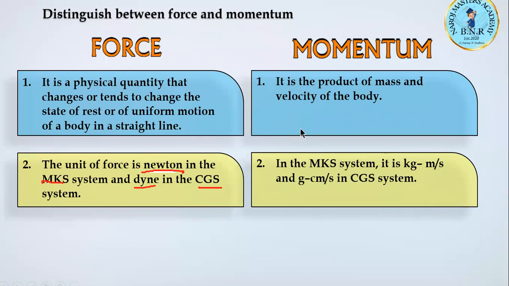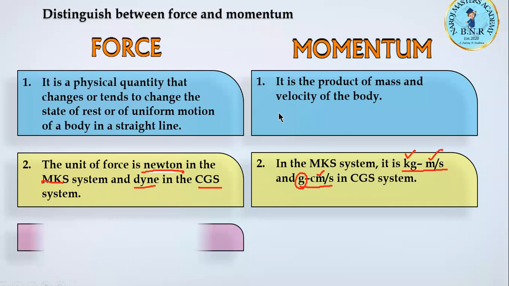Whereas the unit of momentum in the MKS system is kg meter per second, and in the CGS system, gram centimeter per second. In CGS, mass is in grams and velocity is in centimeter per second. In MKS, mass is in kg and velocity is in meter per second.